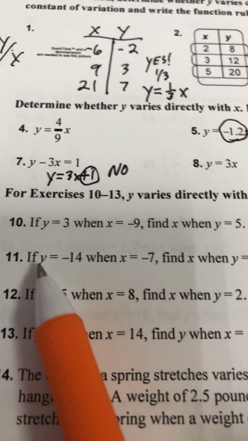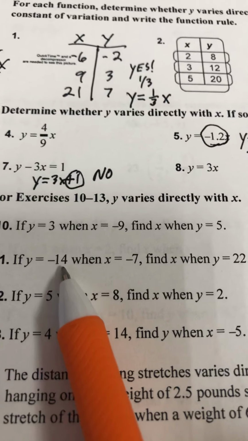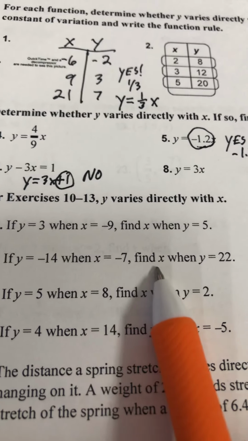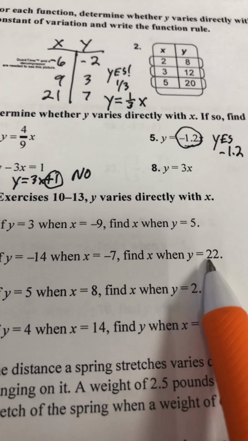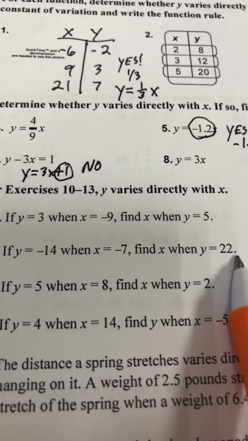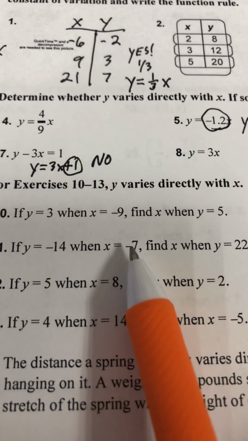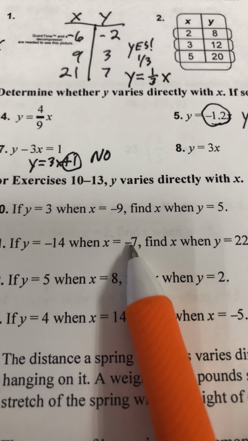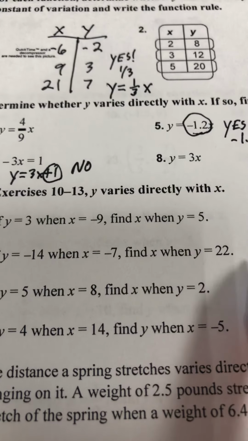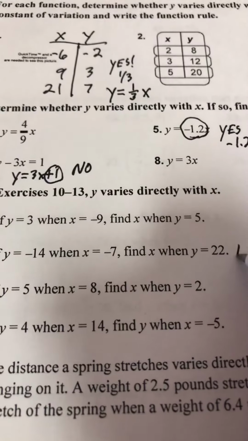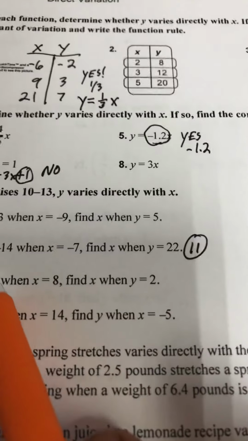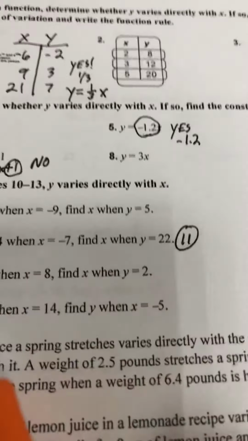Number 11: if y equals -14 when x equals -7, find x when y equals 22. You would just divide this and you get 2. So 22 divided by 2 is 11. Remember, just like you did up top, you take y divided by x.